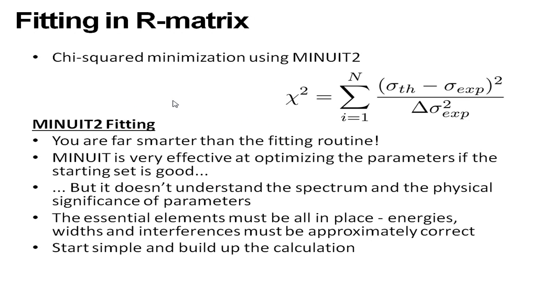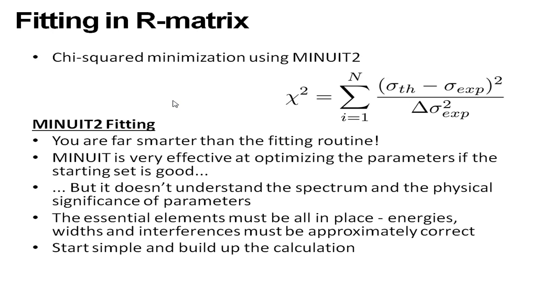So, fitting. Some of you have started to do fits already, and you may have found that it takes a long time and it doesn't necessarily give you a sensible result. You need to have very good starting parameters, right? Minuit is not smart in the sense that it doesn't understand what it means by an energy.